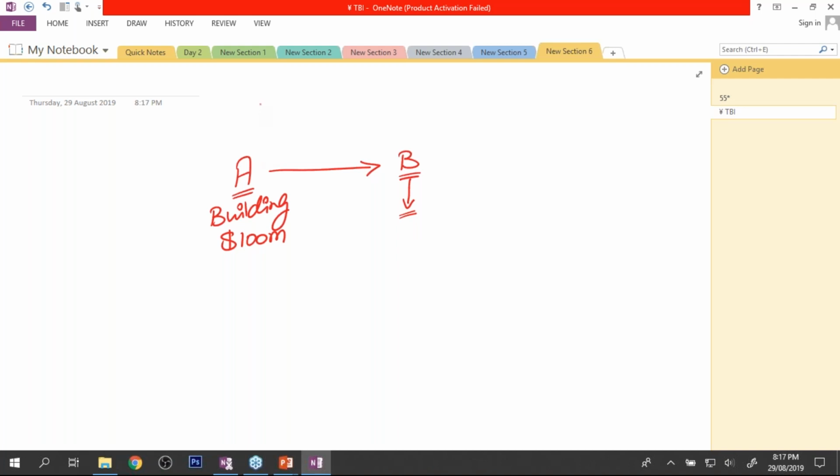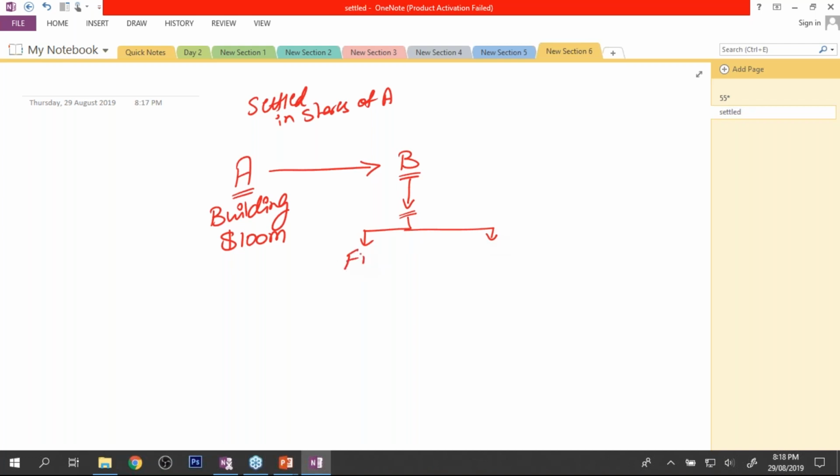This means it is a contract which is going to be settled in shares of A. A will give the building to B and B will give the shares of A by purchasing them from the market. Now the question arises: how many shares will B actually give?